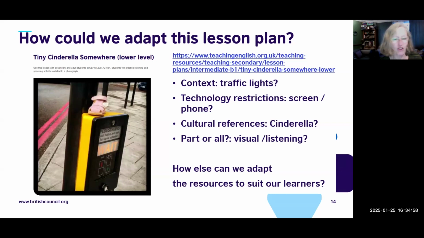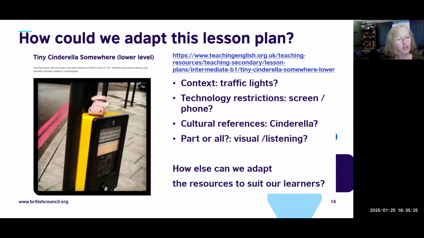So your students might not understand what this context is. You might have to change it or even take another photo. You might have technology restrictions. So can you show a photo in your class on the wall? Maybe you can have it on your phone, and you can have one of those screen magnifiers that magnifies what's on your phone onto the wall of the classroom.